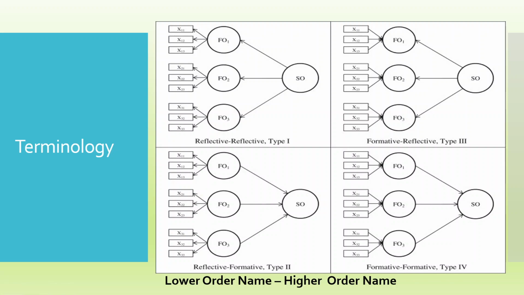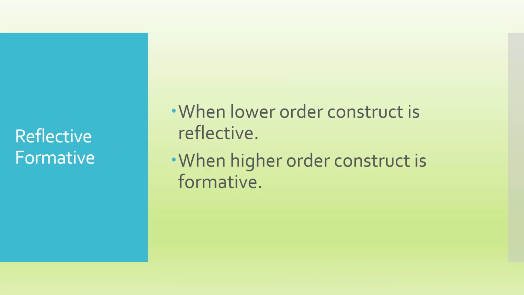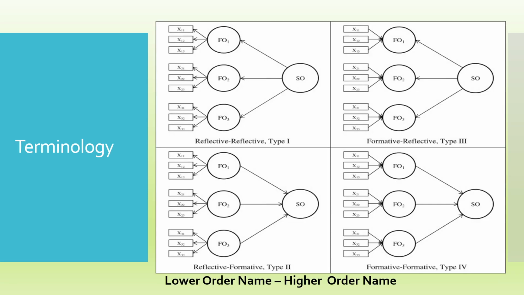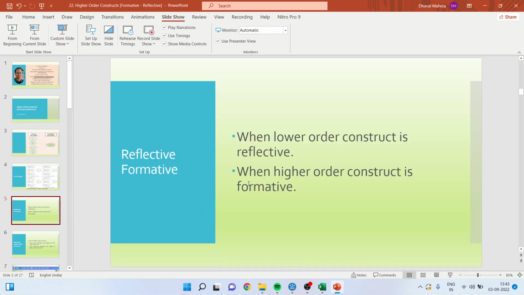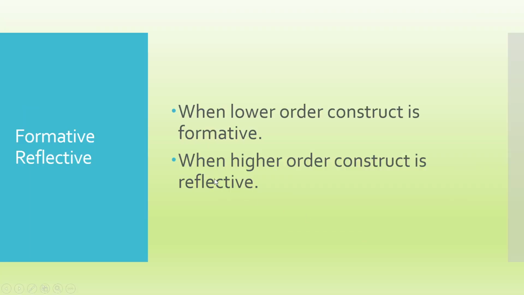Now, let us try to understand the same thing in SmartPLS. I'll have to make some changes here. It's a formative reflective model in which the lower order construct is formative and the higher order construct is reflective.